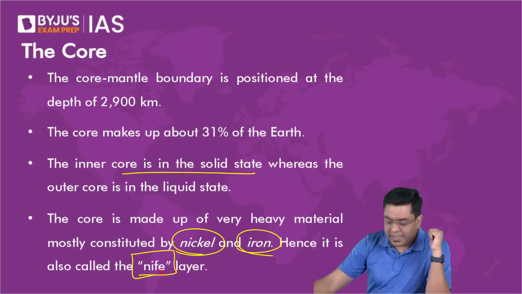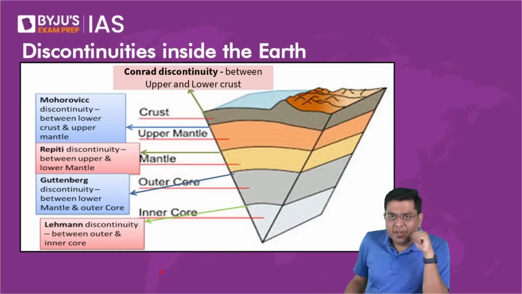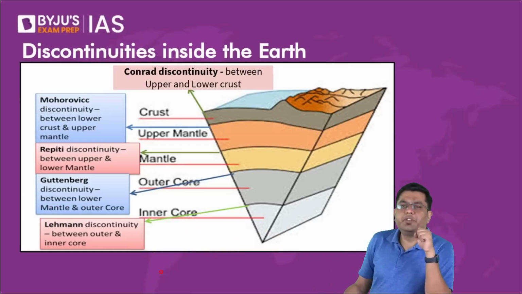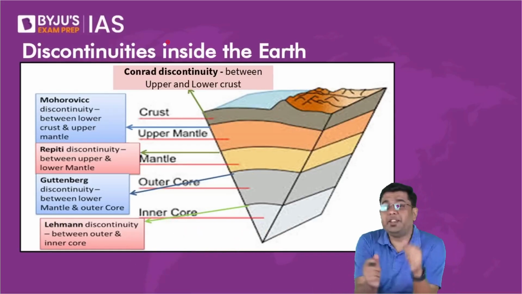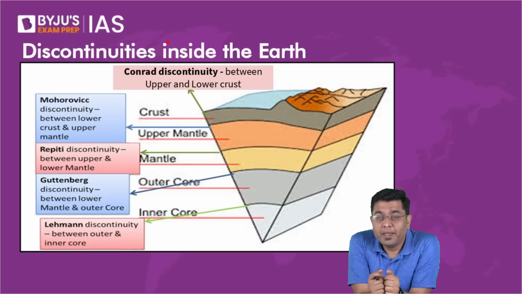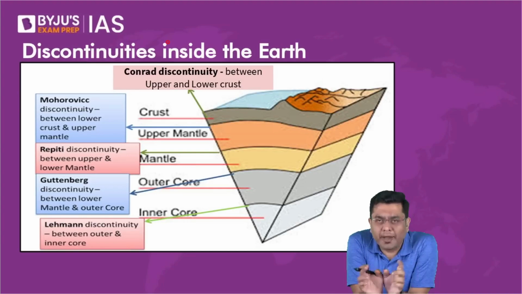Okay. Now, after this, we come to something which is referred to as discontinuities within the layers of the earth. Now, what do we mean by the discontinuities? So basically, think about it. The kind of rock surfaces that you find on the surface. If you imagine the bottom of the crust, the surface of the rocks or the type of rocks, obviously their density will change.